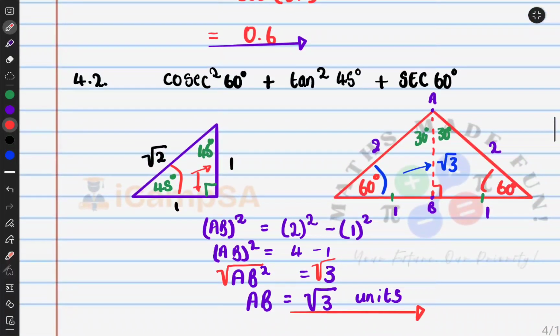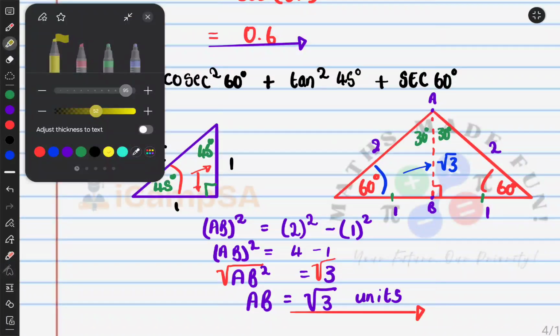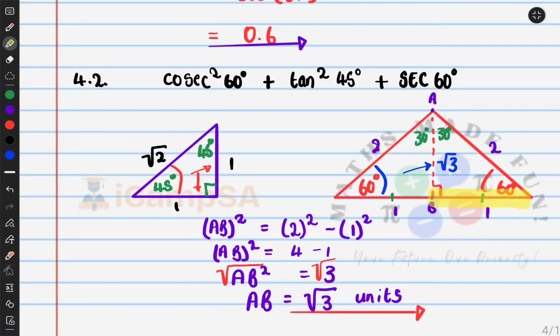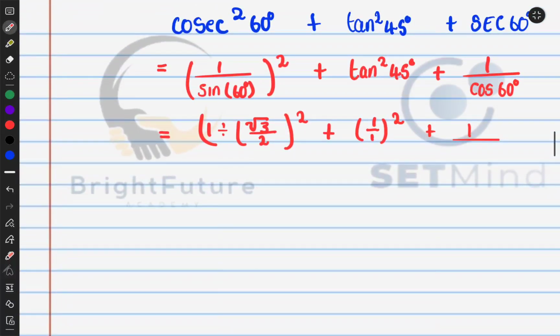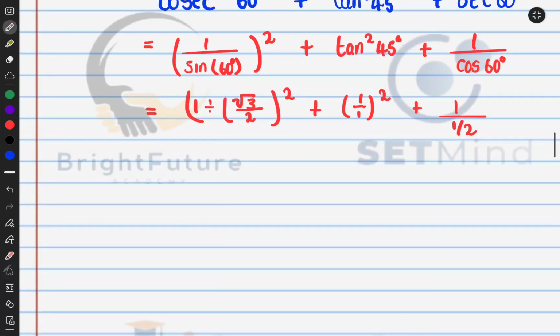Cos 60 is adjacent over hypotenuse. The side next to the angle 60 is 1 unit, the adjacent side, so it's going to be 1 over 2, the denominator there.